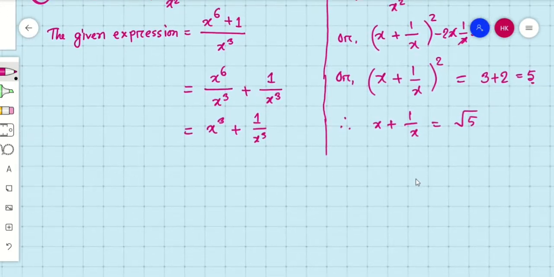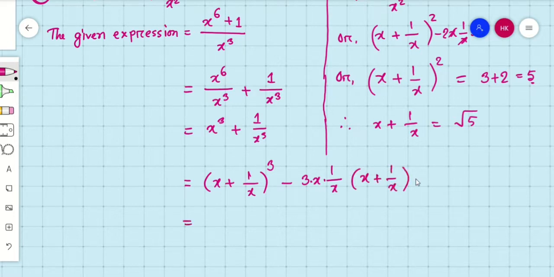Now if we put in the formula, x plus 1 by x whole cube minus 3ab into a plus b. The value of x plus 1 by x we have just found is equal to root over 5.